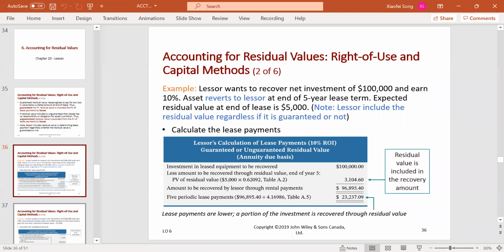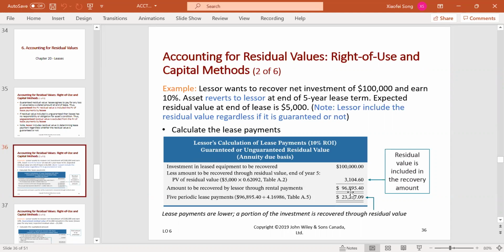Since there is a residual value, the present value of that residual value at 10% for 5 years is $3,105. So the present value of the lease payments only needs to be $96,895. That means the lessor does not expect to recover all its investment from lease payments.